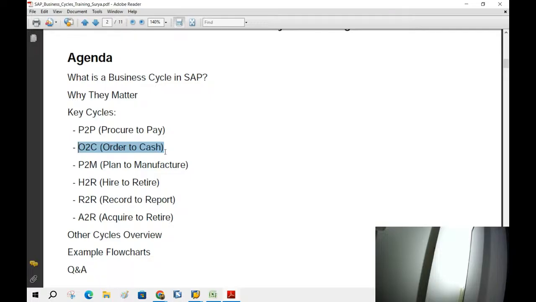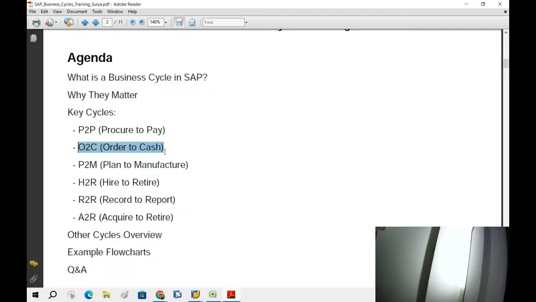Note 2, the second cycle is called the order to cash cycle or OTC cycle, or it can be called the SD cycle, or the accounts receivable cycle. All are one and the same. Please understand. Tomorrow, when I say AR cycle, don't get confused. I am talking about the SD cycle only.